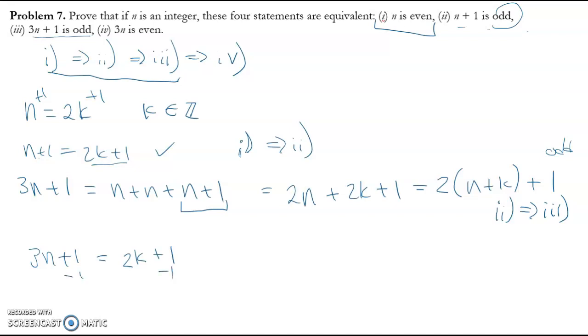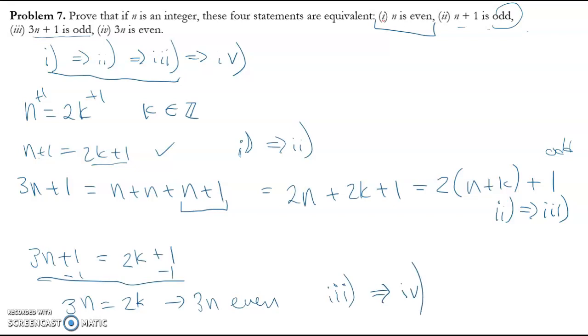We subtract 1 from both sides, so we have 3n equals 2k. So this proves that 3n is even. Therefore, we have used part 3 to imply that part 4 is true.